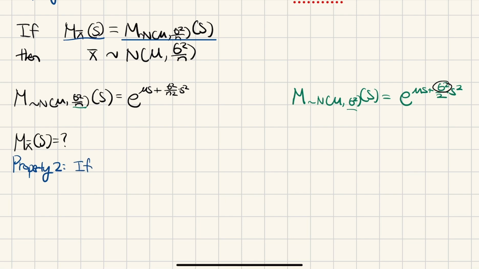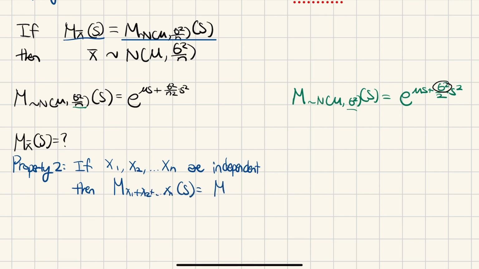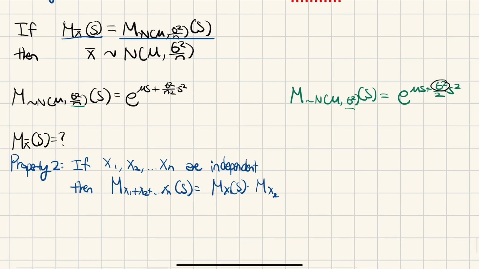Property 2 states that if x1, x2, all the way to xn are independent, then the moment generating function of them added up together is equal to the moment generating functions of their individual components multiplied together.